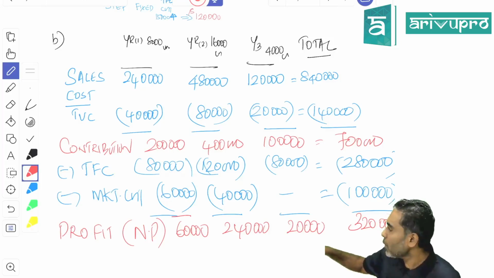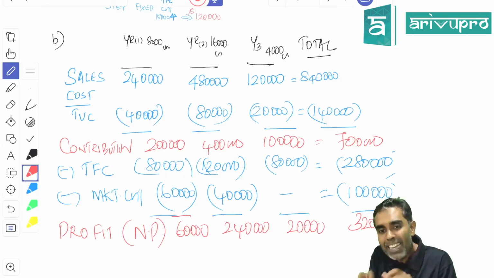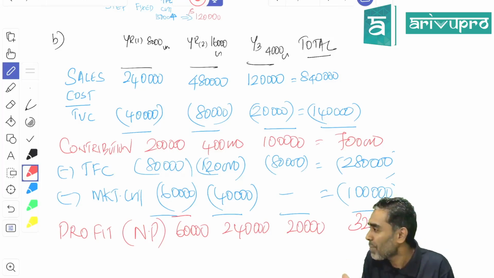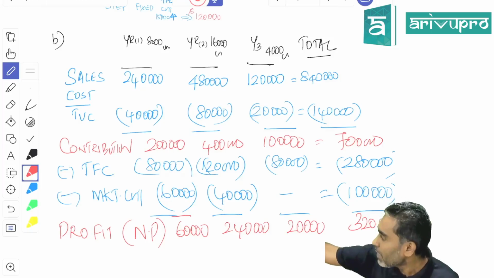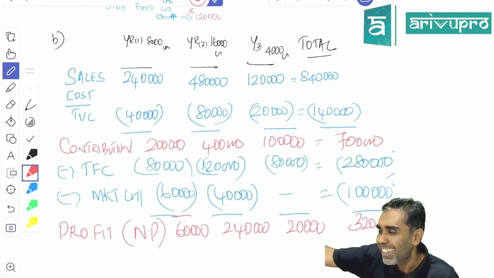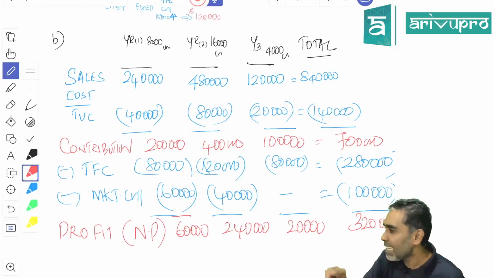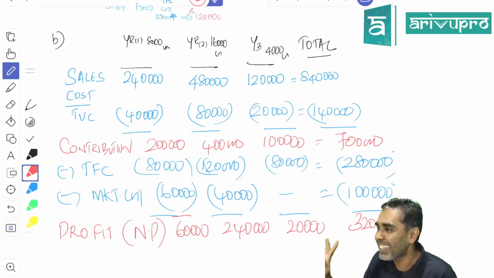Some other parts, when you are selecting the function itself, it will take time. If you look at the figures, 240,000 minus 40,000, which is how much? 200,000. No need to select the function for that. Straight away you can enter it. When you are selecting the function, it will take about 30 or 40 seconds.